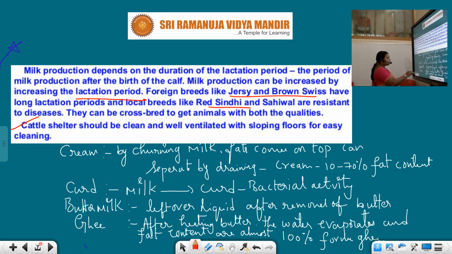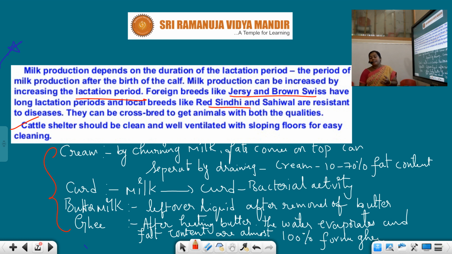Now see students, from milk we get different types of milk products. Okay, cream, how do we get cream? By churning the milk. Fat comes on top of the milk, and that is separated by draining. This has 10 to 70% fat content. Next, curd. Here the milk is converted into curd by adding some bacteria.